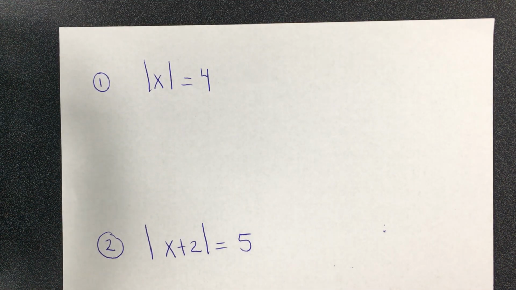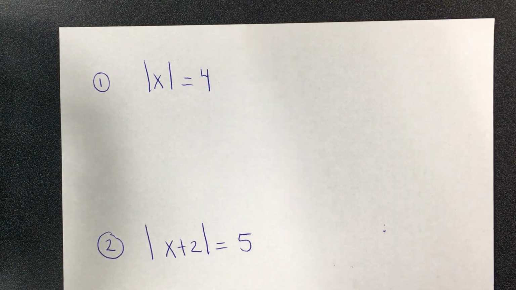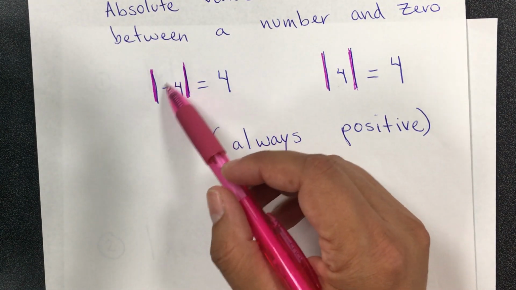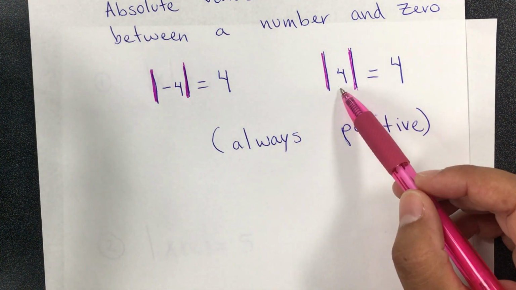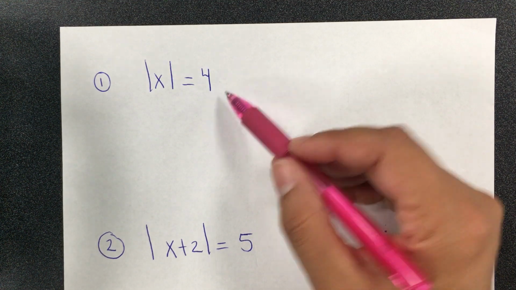Now that we have that information, let's practice with some equations. So knowing that the possibility for this to be inside is a -4 or a +4, that's what we're going to be doing.